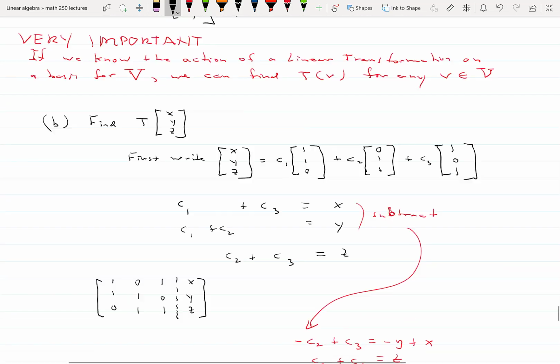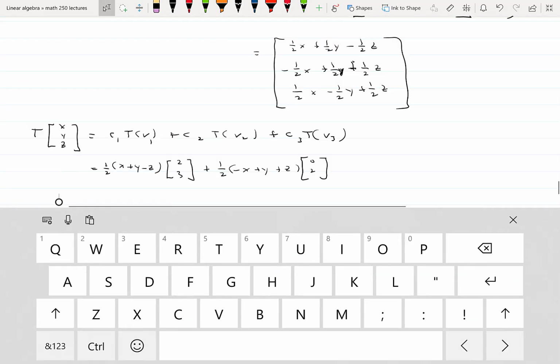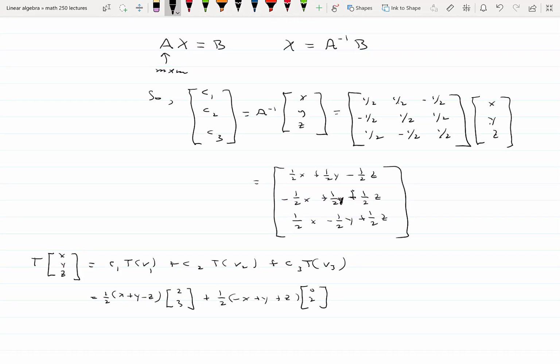I'm doing it again. It's 0, 3, and 0, 2 in that order. Sorry, this must be driving your eyes crazy. So plus C3 times x minus y plus z, times 0, 2.